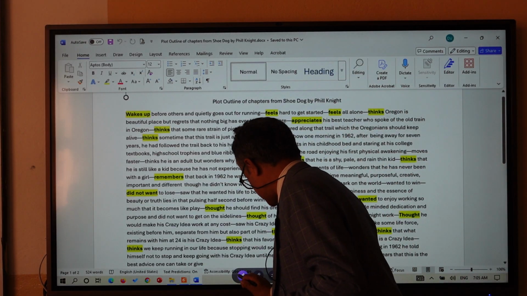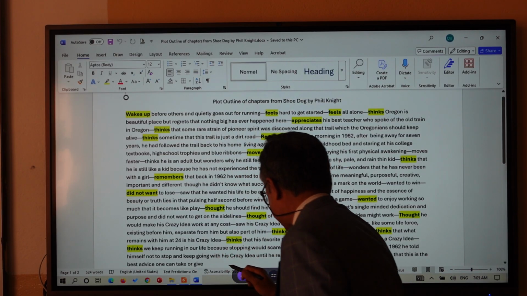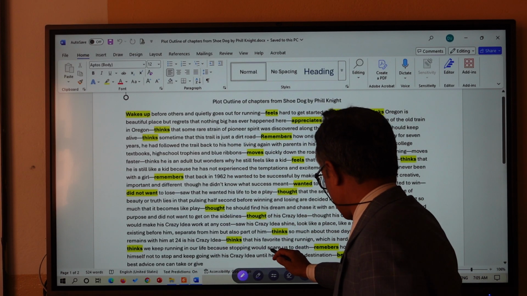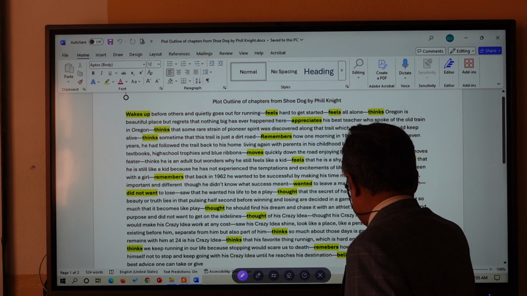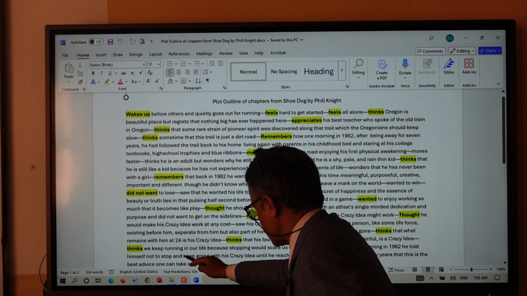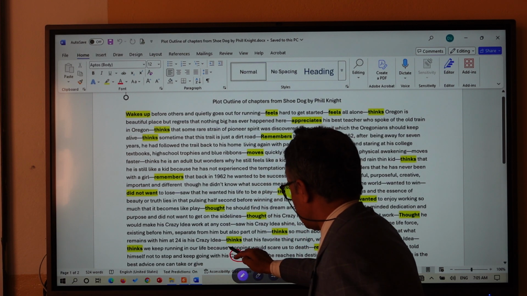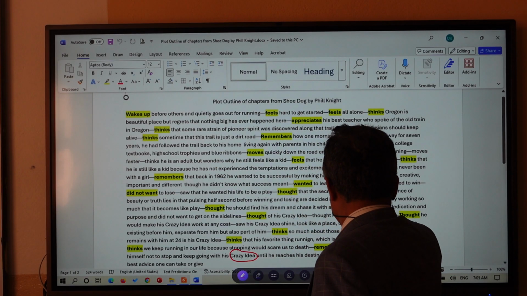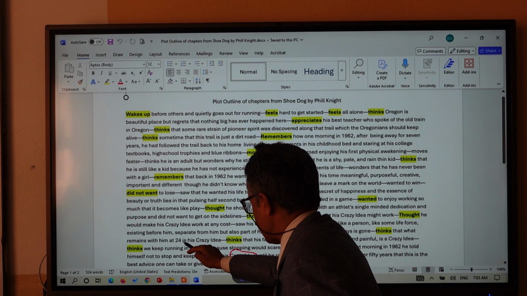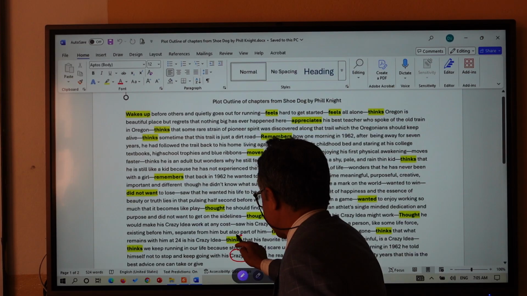Here is the point, toward the end of the first chapter. Look here. He remembers how that morning in 1962 he told himself not to stop and keep going with his crazy idea. Read here. What remains with him at 24 is the crazy idea.